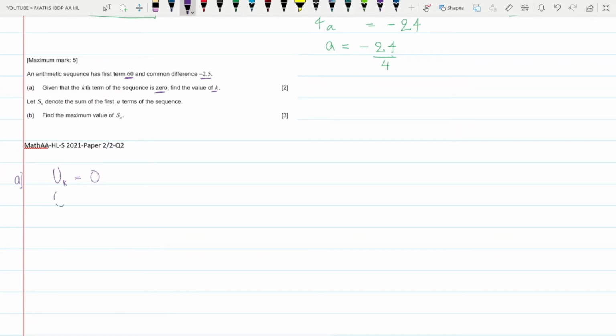So 0 is equal to the first term, which is 60, using the formula a plus (n minus 1) times d. So 0 equals 60 plus (k minus 1) times the difference, minus 2.5. 0 is equal to 60 minus 2.5k plus 2.5.